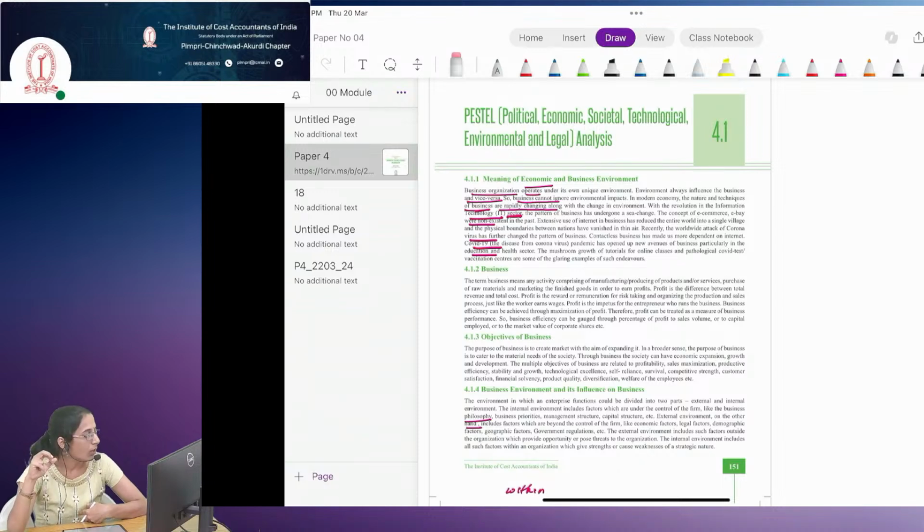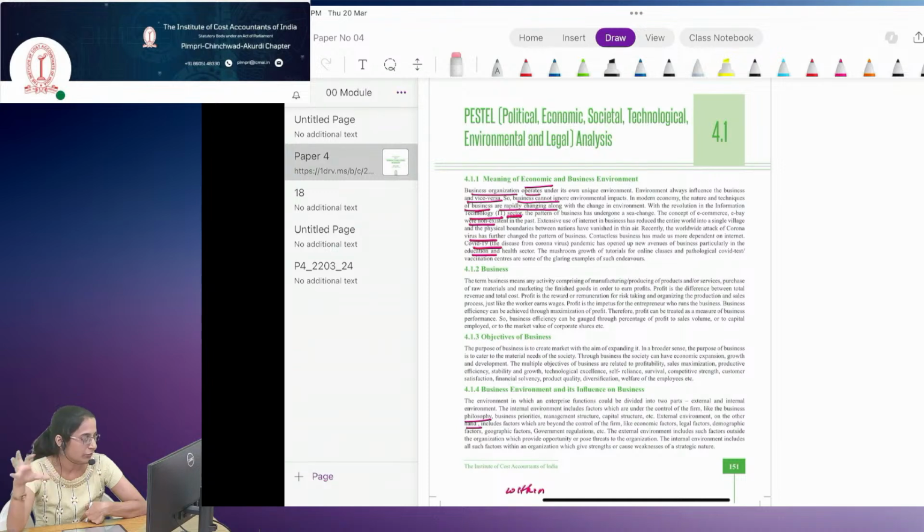Again, an environmental factor could be that the country or locality has a rule that if I am producing certain pollutants, I should clean them first and only then release them into the river. So these can be various factors that an organization should take into consideration while starting or operating a business. These are the PESTLE factors.